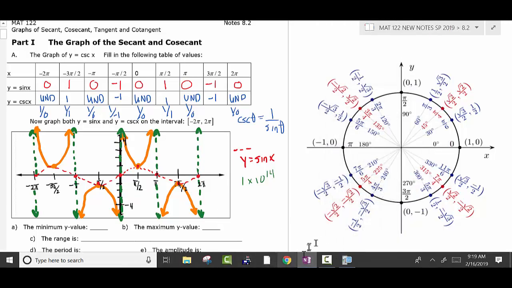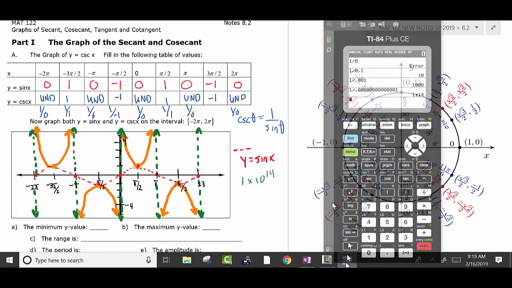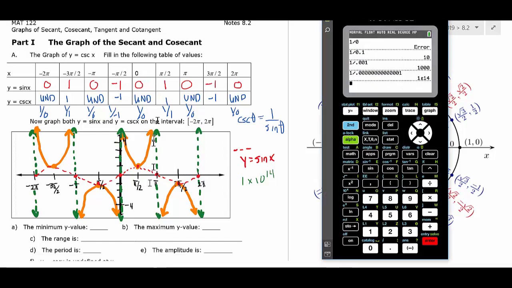One other thing I want to show you on the calculator is this. It'll happen very close to these values. If I go to 180 degrees and do the cosecant, I have to do 1 divided by the sine of, say, 179 degrees.